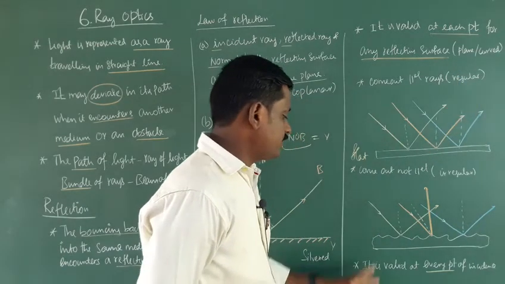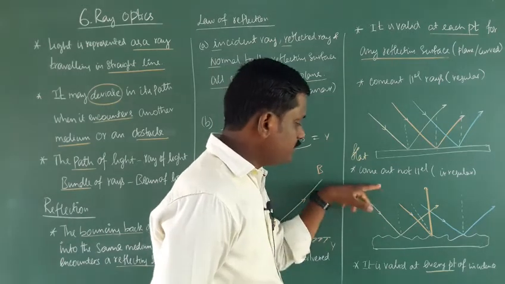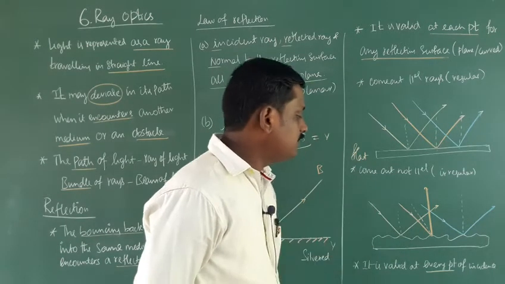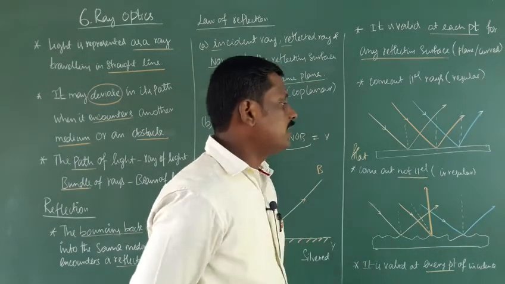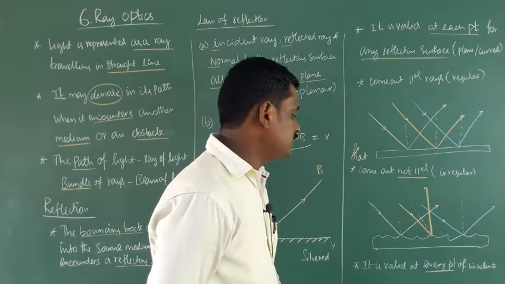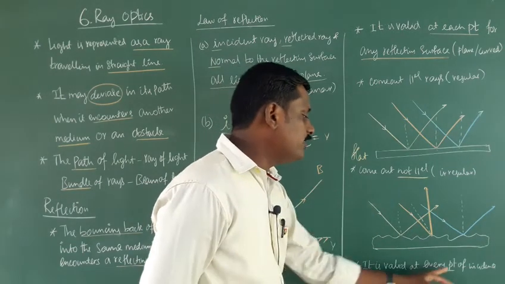In the second case, the surface is not flat, that is irregular. A parallel beam of light is incident, but the reflected rays are not parallel. That is irregular reflection, but the law of reflection is still valid at every point of incidence.